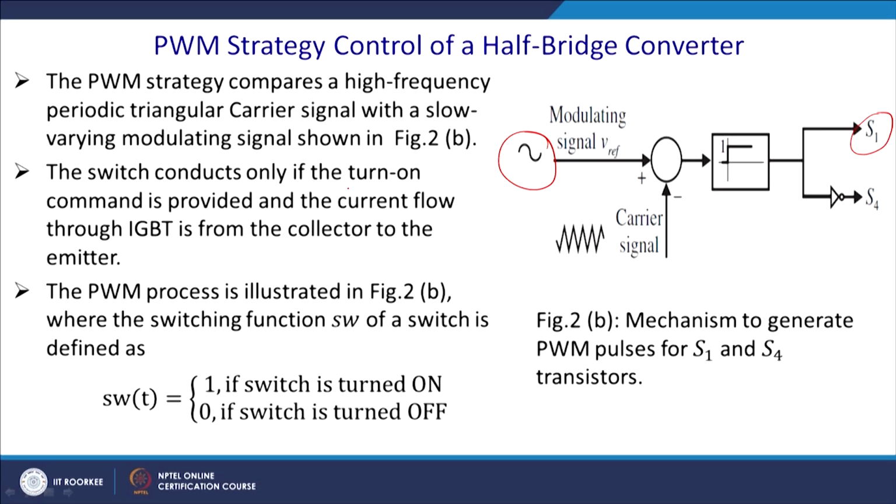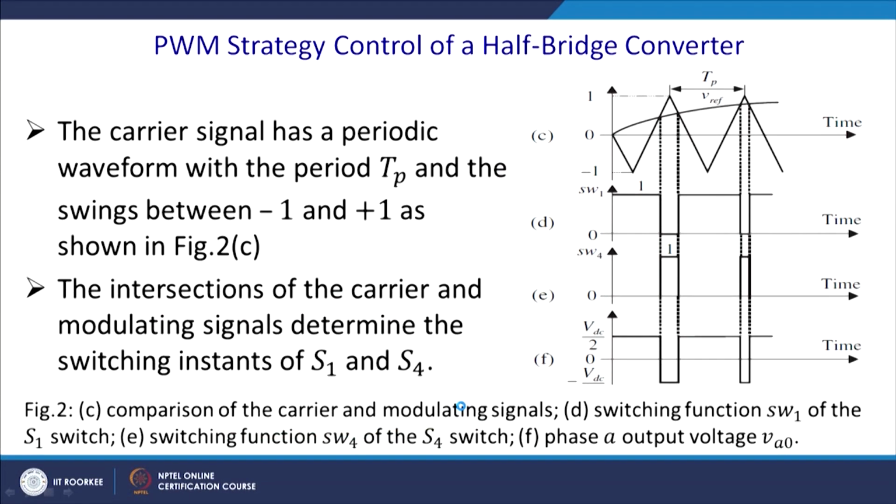The switch conducts only if the turn on command is provided, with current flowing through the IGBT or the MOSFET from the collector to the emitter. The PWM process is illustrated in figure 2b, whereas the switching function SW of the switch is denoted as 1 if the switch is turned on and 0 if the switch is turned off. So, this is a simple logic.